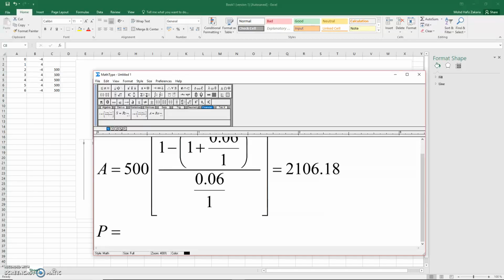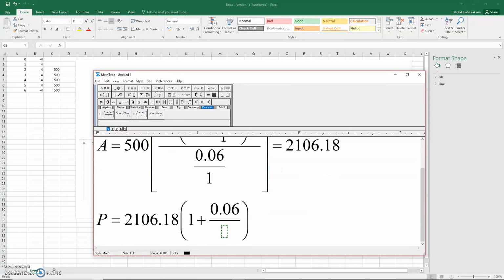We have the value of S, which is this 2106.18, times 1 plus i, where i is the same as what we had in the equation, 0.06, to the power of negative n.